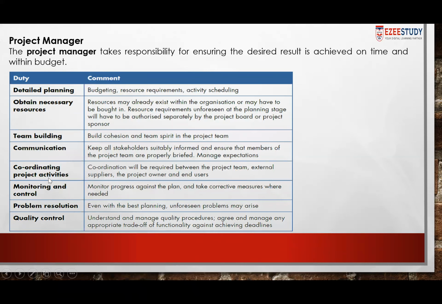Monitoring and control, the overall progress or the overall monitoring will be the responsibility of the project manager. Problem resolution and quality control. So this is what a project manager will be responsible for.